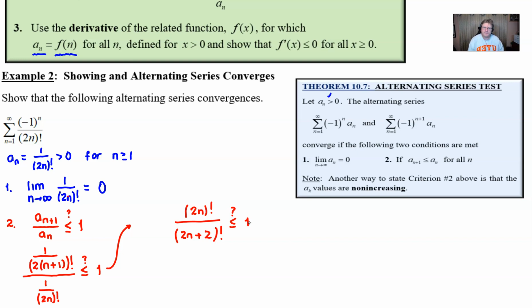Well, now we're going to have to figure out how we are going to simplify this thing. The thing that I want students to always remember is that factorials written in ratios like this are very conducive to canceling a lot of terms.